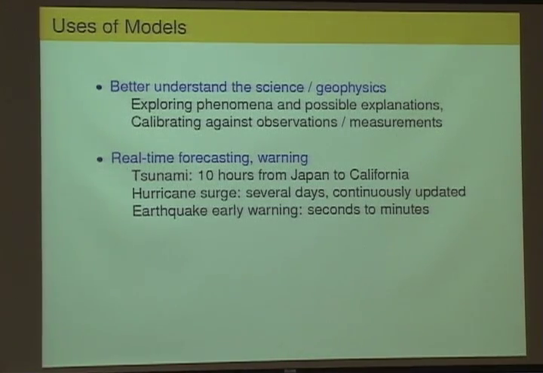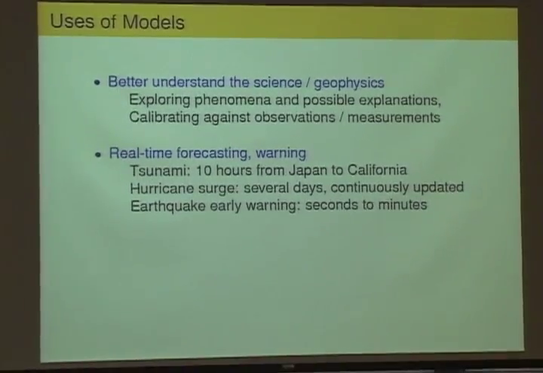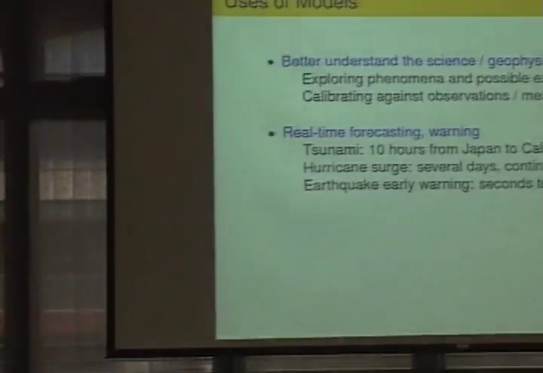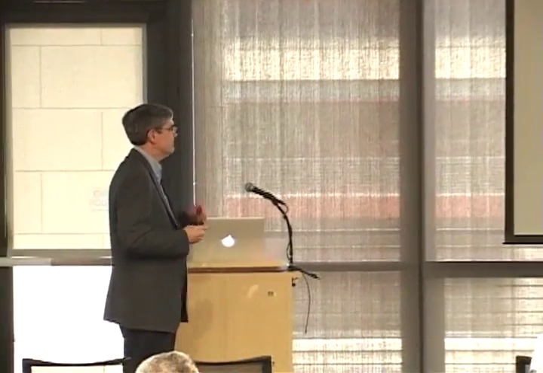Crescent City, California, I'll mention later, is always sort of a magnet for tsunamis in the Pacific, and there was quite a bit of damage in the harbor there, for example. Hurricane surge, as we've seen, you may have several days to be doing modeling and predictions of what the surge is going to be. Of course, the prediction of exactly where the hurricane is going to go is often quite uncertain too, but predicting the surge is something that can be done in real time for those kinds of problems.